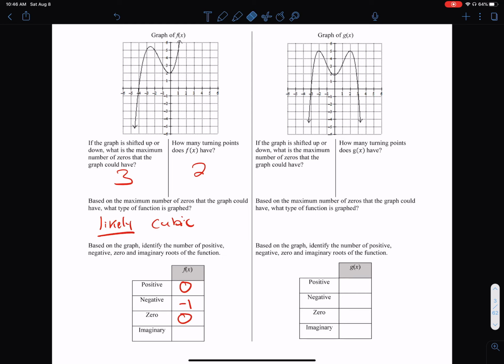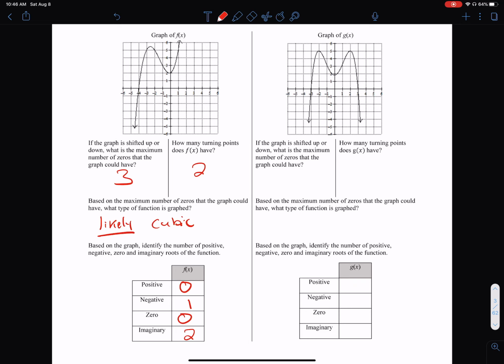I'm sorry, I wrote negative 1. Question is, how many are there? There is 1 negative root. I apologize for counting to negative 1. Now, if we think this is cubic, we've only got 1 root. There must be 2 more that we can't find, and those 2 must be imaginary.